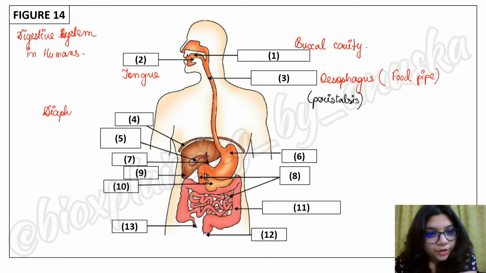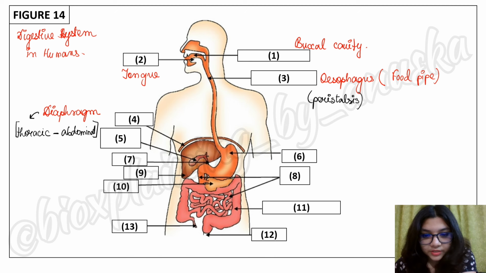So part 4 is your diaphragm. What is the function of the diaphragm? The diaphragm is the structure that separates the thoracic cavity from the abdominal cavity. Okay, thoracic and abdominal cavities are separated by the diaphragm. Then part 5 is referring to this small pouch, small bag-like structure.